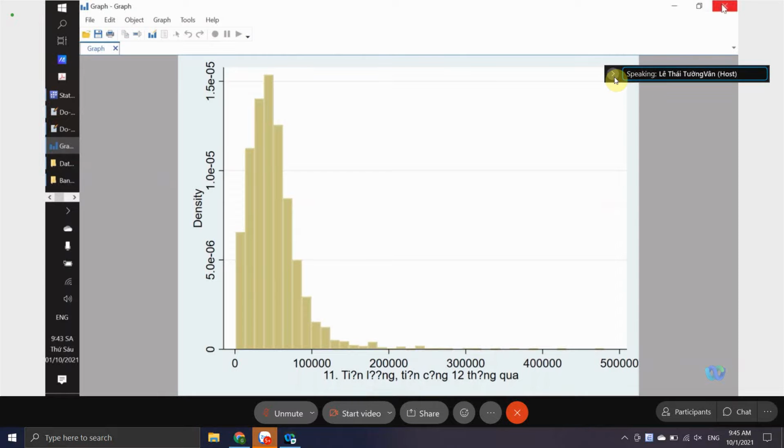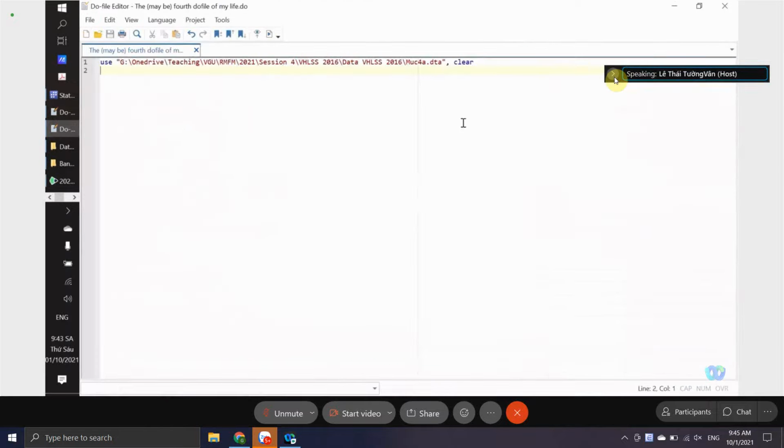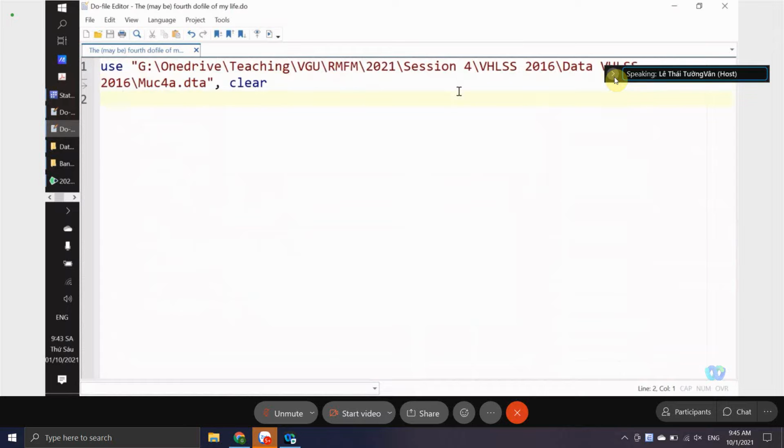So if I take the log of income, I will type generate log yearly income is equal to the log of that variable for A P11, right?